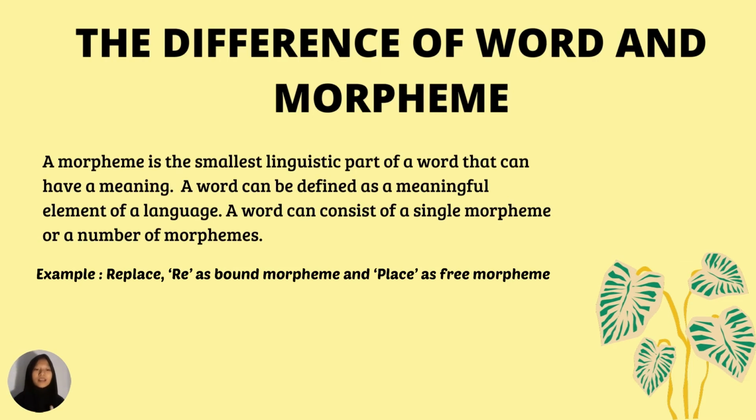Unlike a morpheme, it can always stand alone. A word can consist of a single morpheme or a number of morphemes. For example, when we say replace, it's a single word, but it's not a single morpheme, but two morphemes, re and place. I think that's all for today.